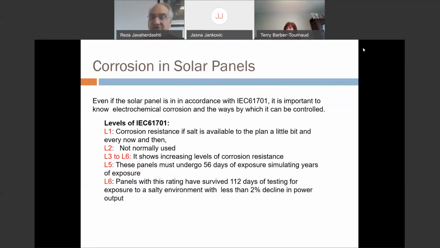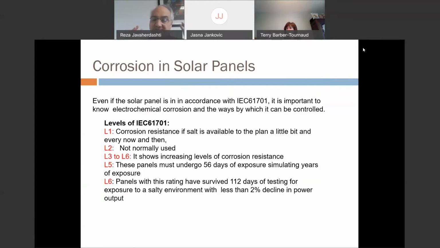which is the most widely used standard in manufacturing solar panels, states that panels with this level of standard have survived 12 days of testing for exposure to a salty environment with less than 2% decline in power output.